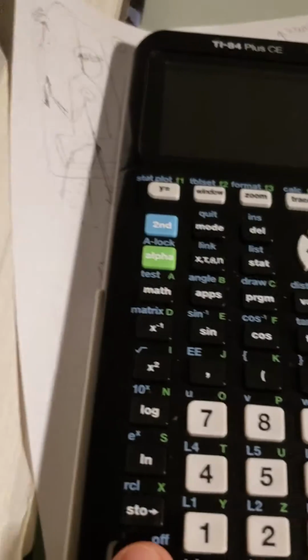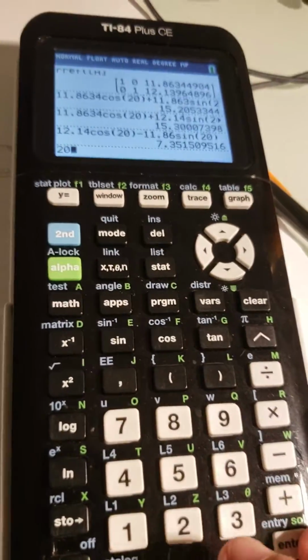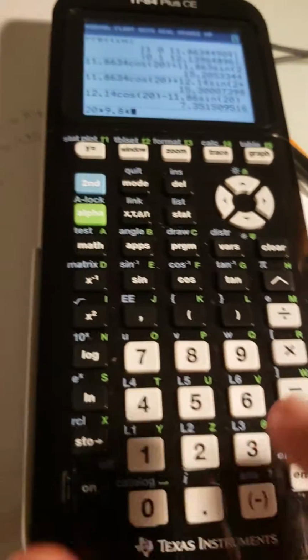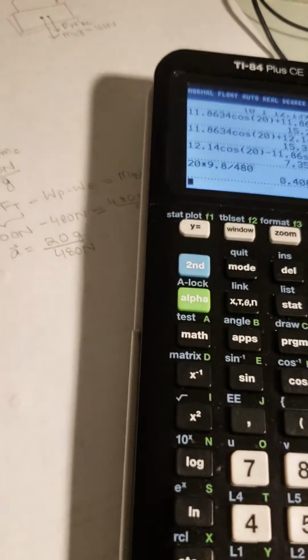So if we do that and plug the numbers into the calculator, we find that the answer is approximately 0.41 meters per second squared.